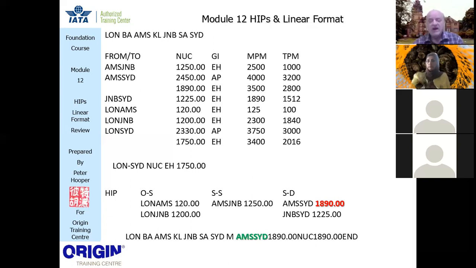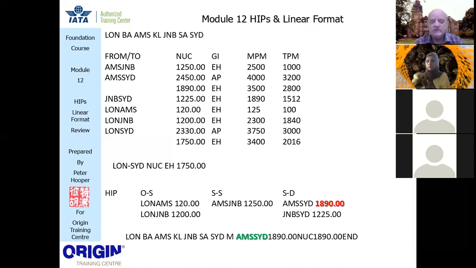No, of course. In that case, don't bother checking that origin stopover, because Paris to London is not going to apply. But London, Sydney, Paris, Sydney, it's not so easy to tell, is it? You check.